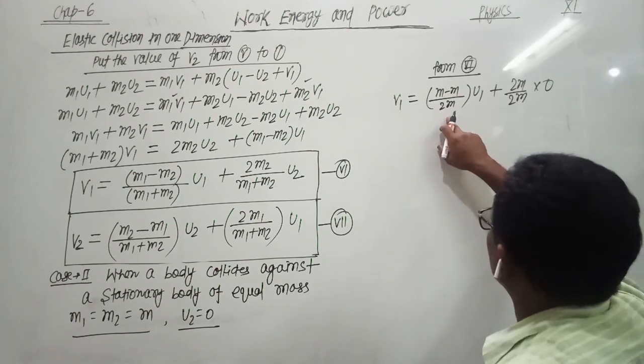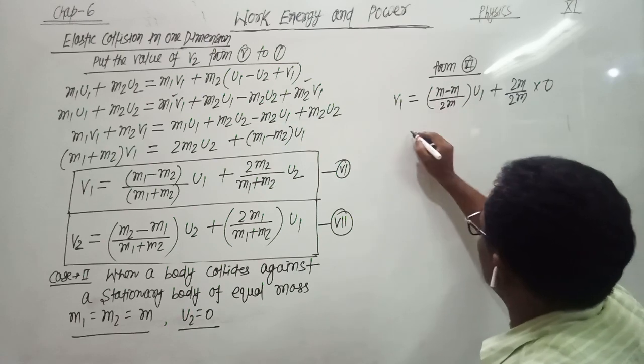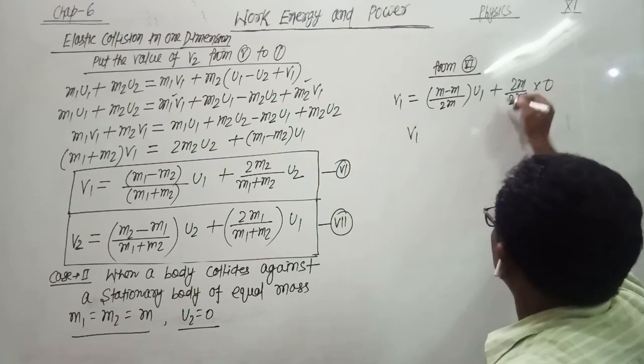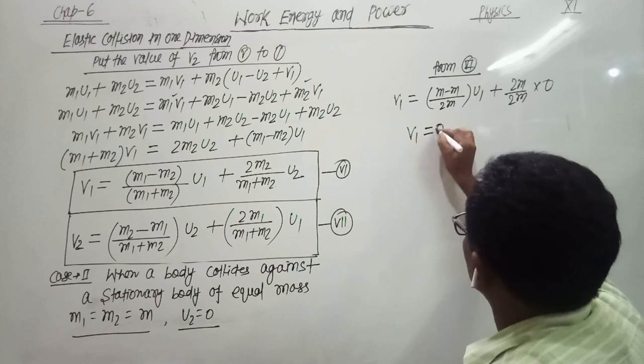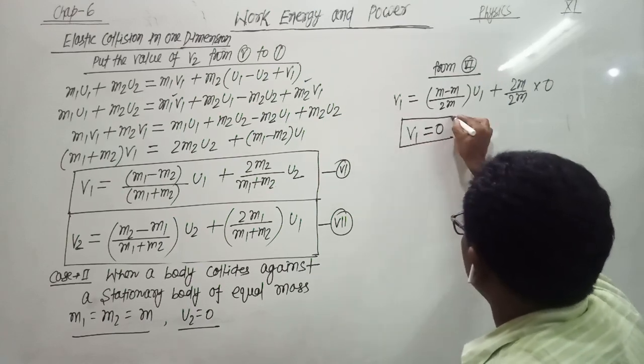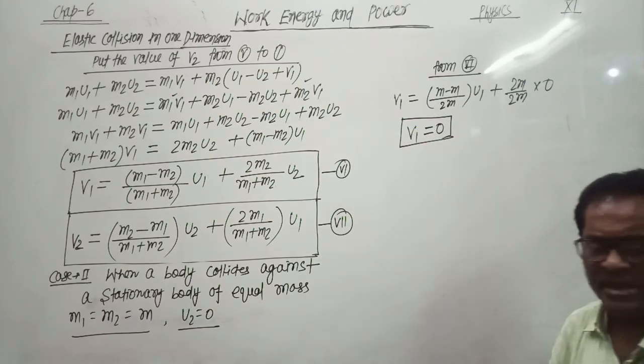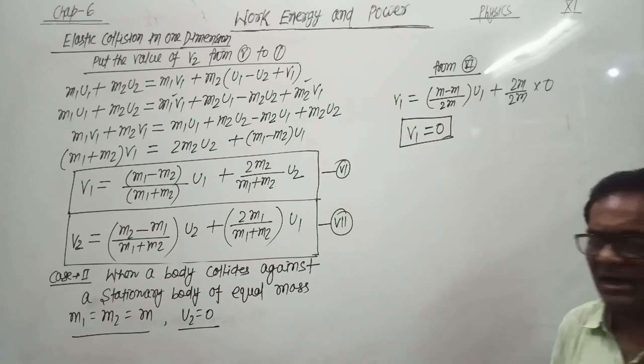So from here we get m minus m equals 0, and this term is also 0, meaning the velocity of body A after collision comes to rest.